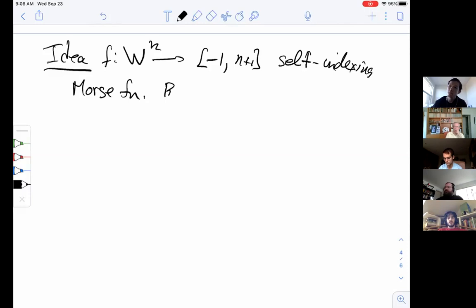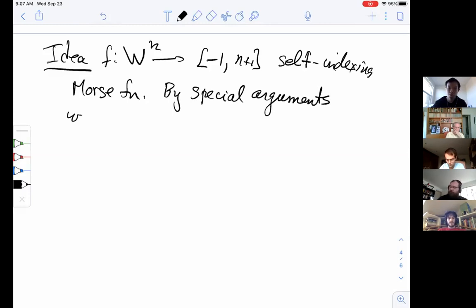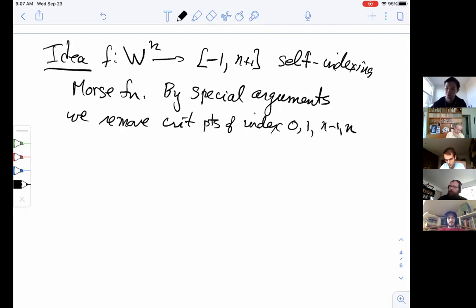By special arguments, we remove critical points of index 0, 1, n minus 1, and n, because these involve the fundamental group, especially the ones of dimension 1 and n minus 1, and they have to be treated in a slightly different manner.